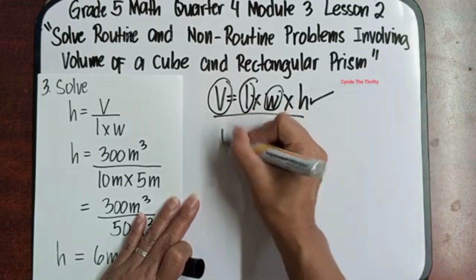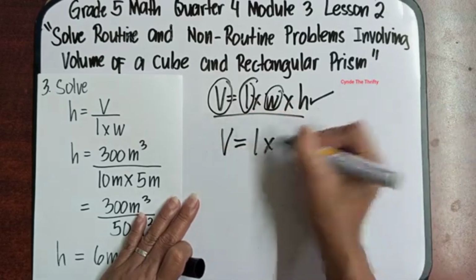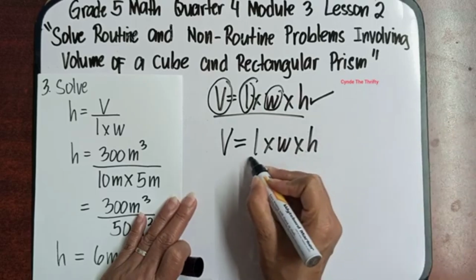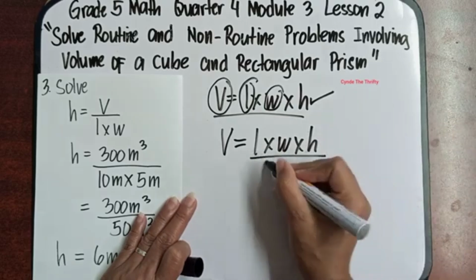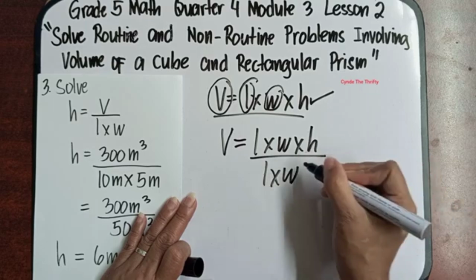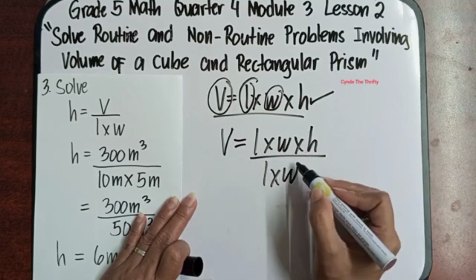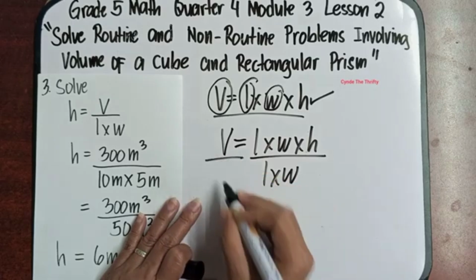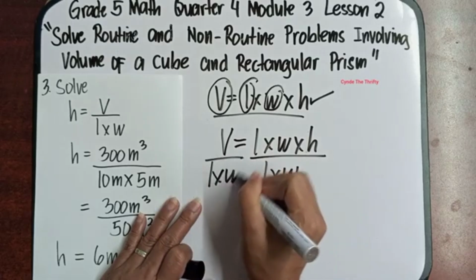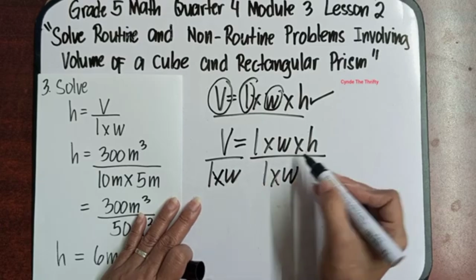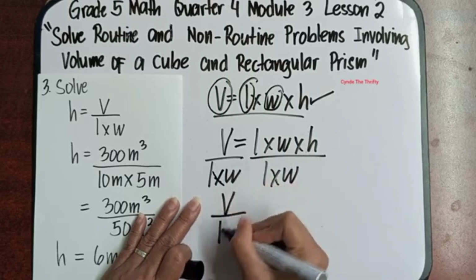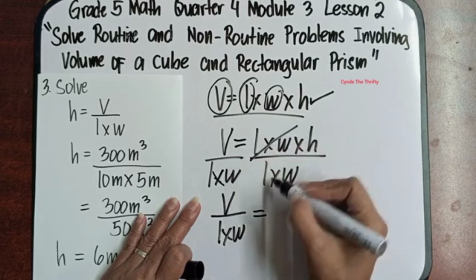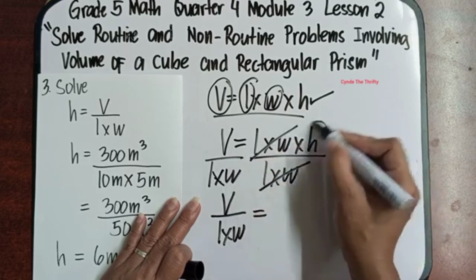So, volume is equal to length times width times height. Ang gagawin natin is i-divide natin sa right side ng length and width para ma-cancel natin sila. At dahil nag-divide tayo dito sa right side, gagawin din natin sa left side. So, volume over length times width equals, length times width cancel, ang naiwan is si height.